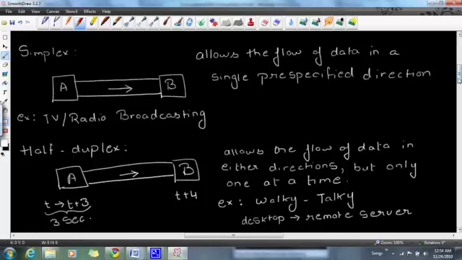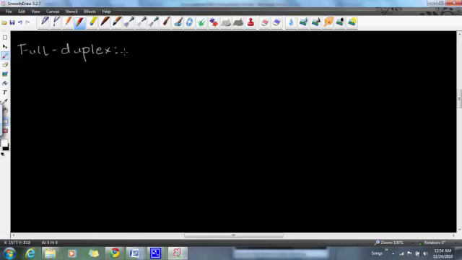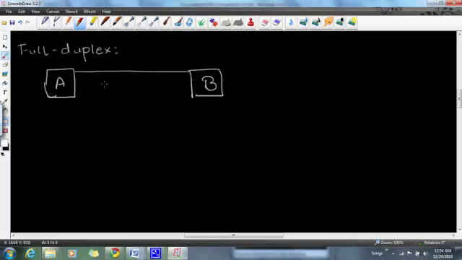There is a third type of transmission called the full duplex transmission. Now, as the name itself suggests, the full duplex transmission allows the flow of data from both the users simultaneously. So if you have user A and user B, both of them can send data and receive data from each other at the same time.